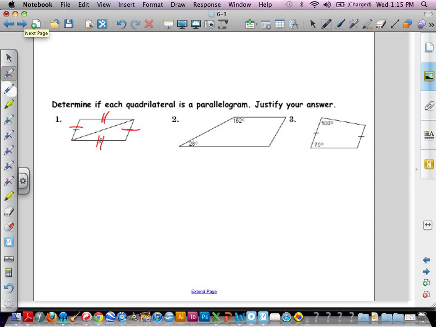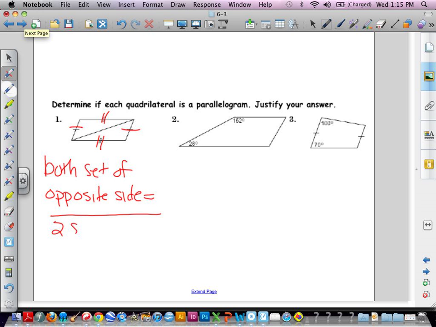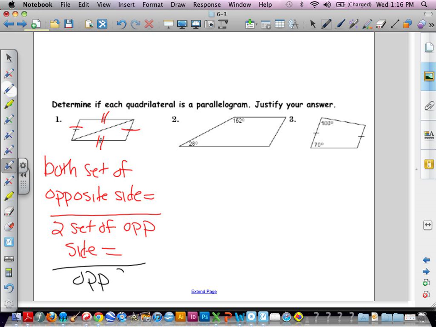You need to write something like both sets of opposite sides equal, or 2 sets of opposite sides equal. You need something like that. Do not just write opposite sides equal. I will mark that wrong. You need to have both sets or 2 sets.